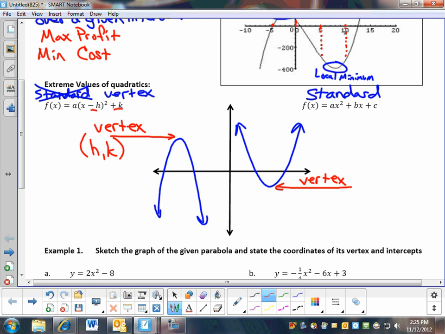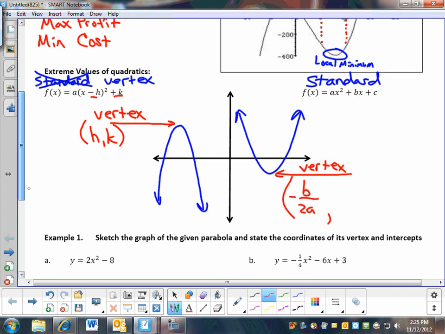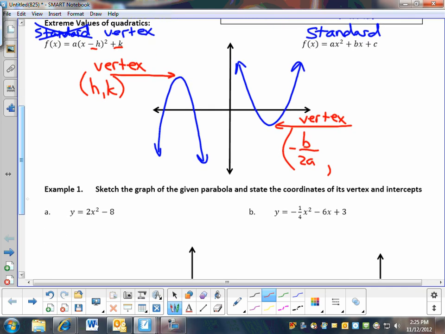Negative b divided by 2a. That would be the x value. Negative b divided by twice the a value. Now, nobody remembers what this notation means after this. You should understand this. Once we have the x value, how do we get the y value? We plug it in. Plug it into the function.